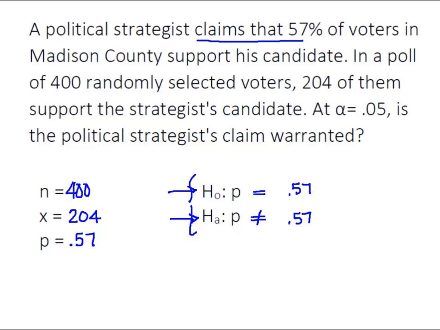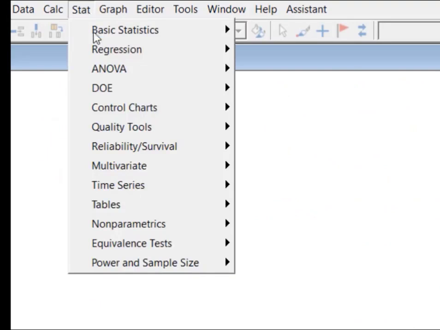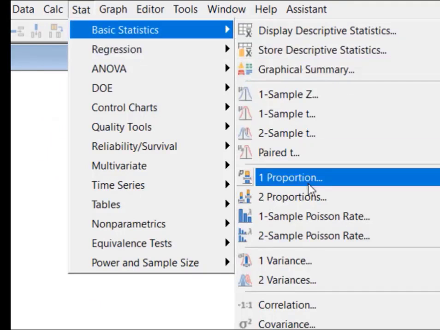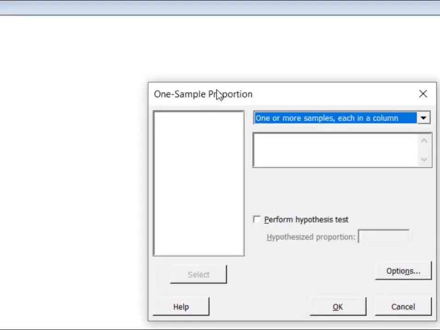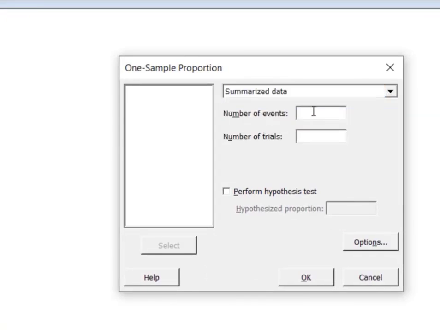So given this information, we're going to let Minitab construct the interval for us. Here in Minitab, we're going to select Stat, Basic Statistics, and One Proportion. We have summarized data, and we knew that 204 out of the 400 who were surveyed supported the candidate.